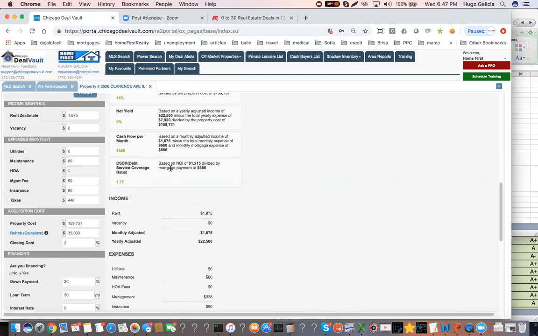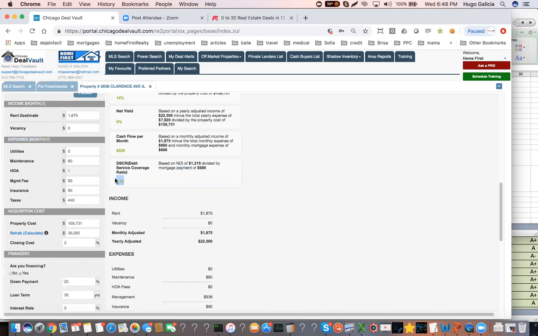In this case, as you can see, the net operating income is $12.15. That is computed by taking the income minus all the operating expenses. Okay, that's how you get the net operating income divided by the mortgage payment. And in this case, we got a higher number, which is great.